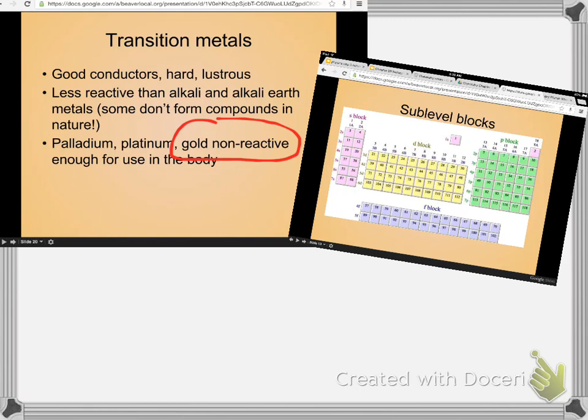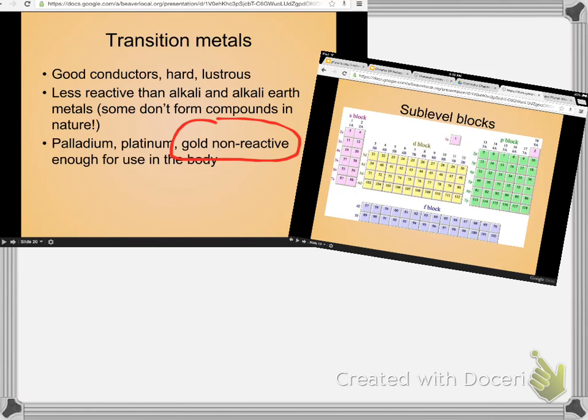So her father had an aortal aneurysm, and what they can do now is take this mesh reinforcing wire, like a little mesh sleeve, and stick it down in the aorta, and pull that balloon up against the mesh. Her joke was always, yep, my dad's got a heart of gold, because the mesh was made out of gold. And it has to be unreactive enough to sit there in the bloodstream and be exposed to all the chemicals in human blood and not react, not form compounds, not break down, not get weak.